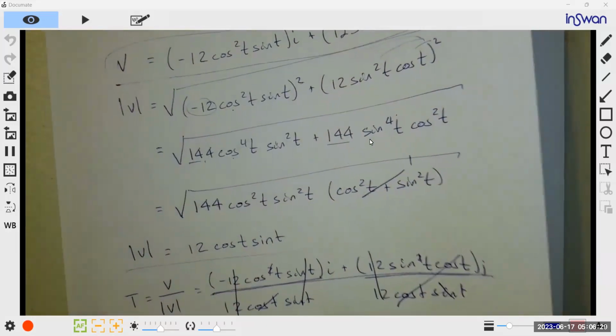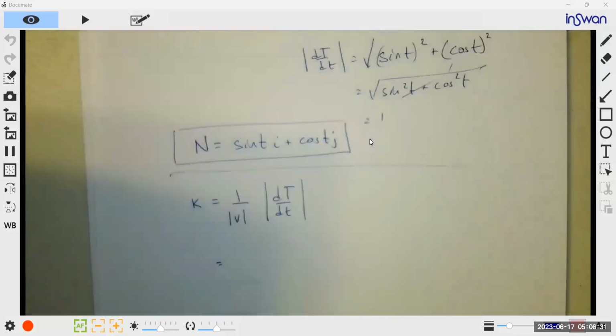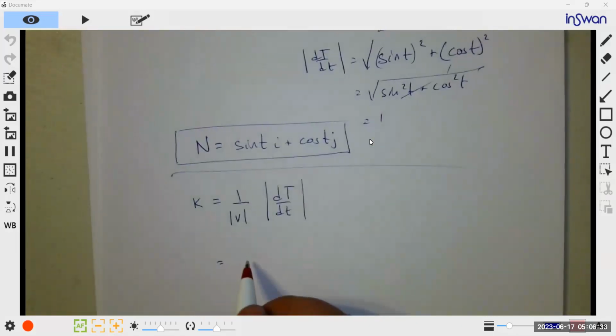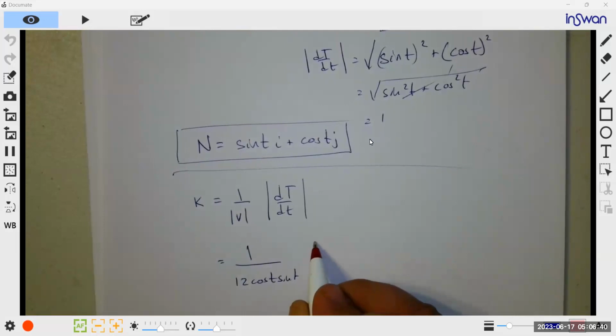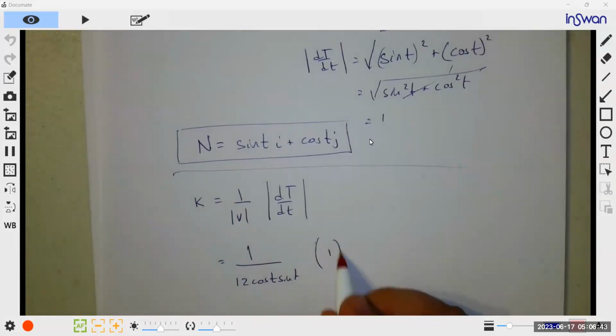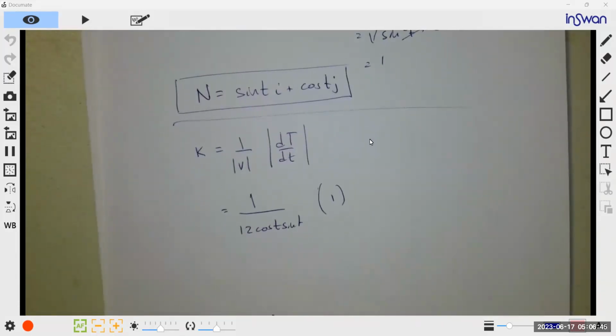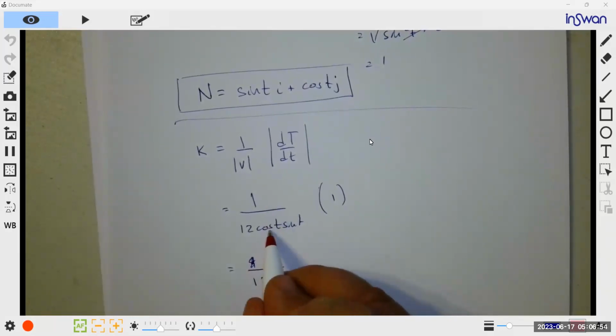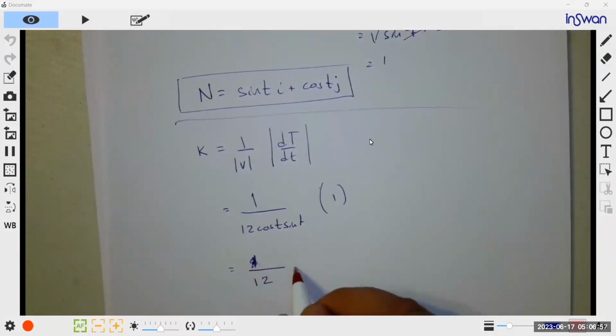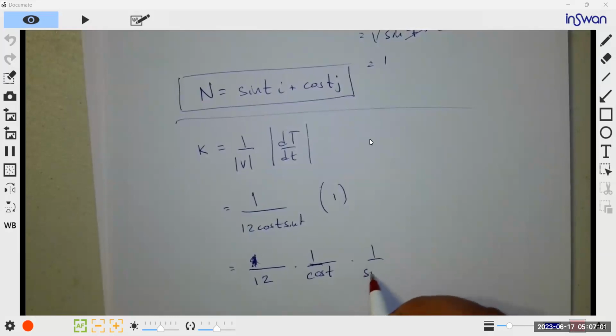That was 12 cosine t sine t. So 1 over 12 cosine t sine t times the magnitude of dT, which is 1, which is 1 over 12, 1 over cosine times 1 over sine.